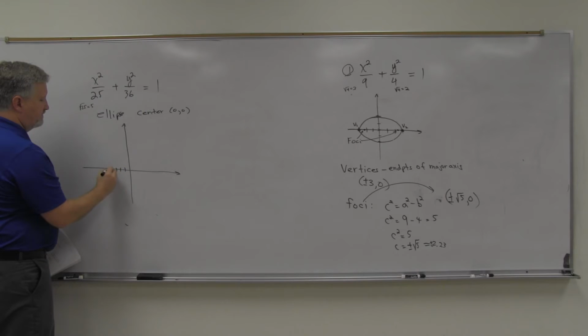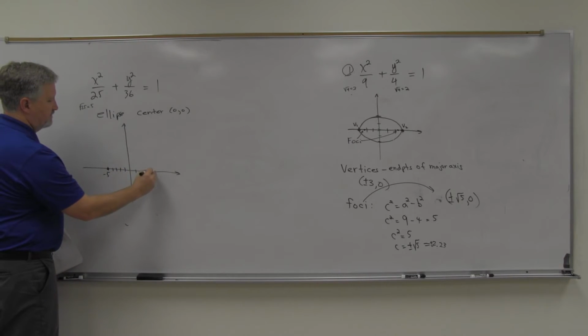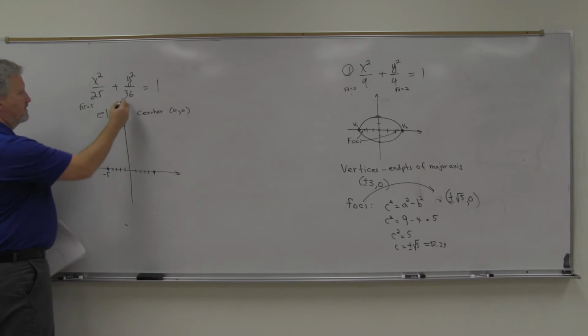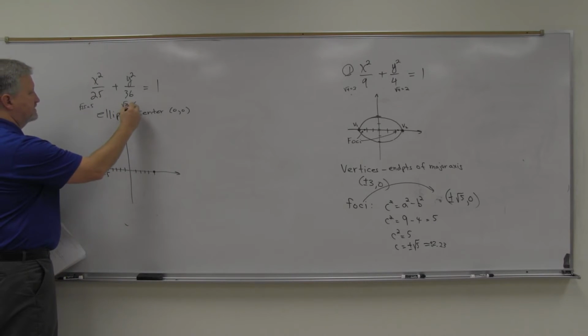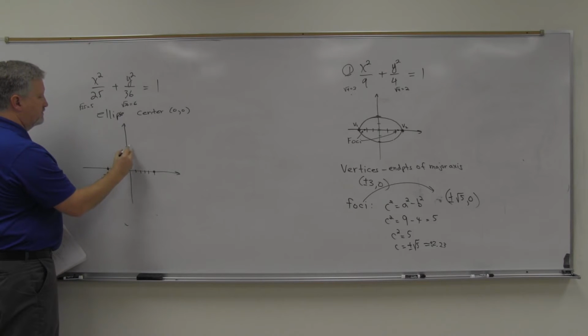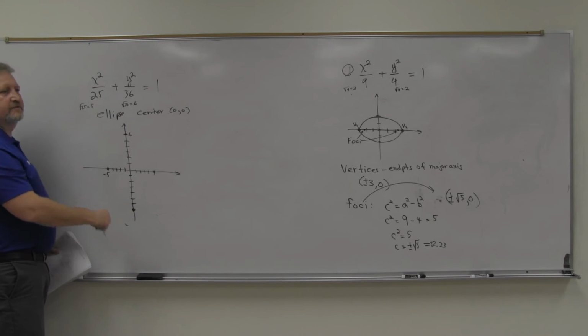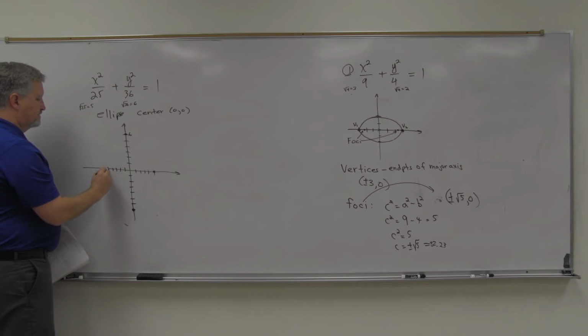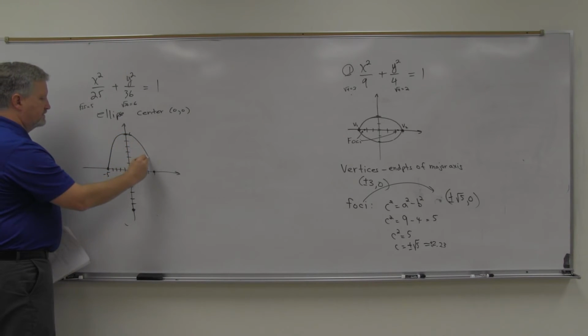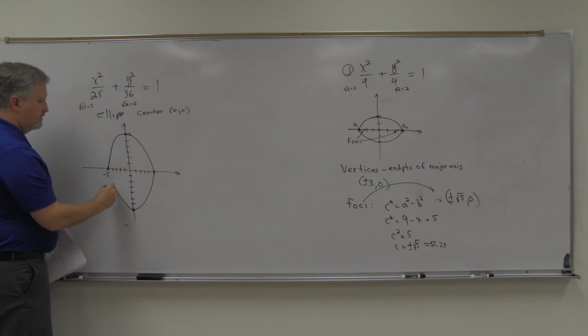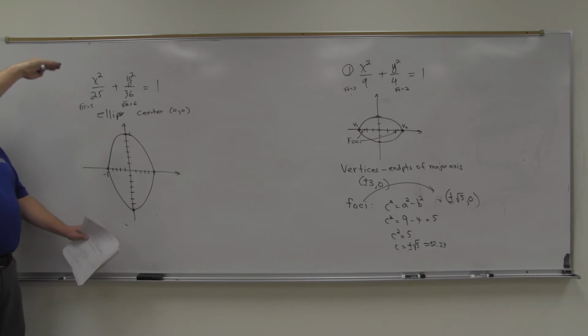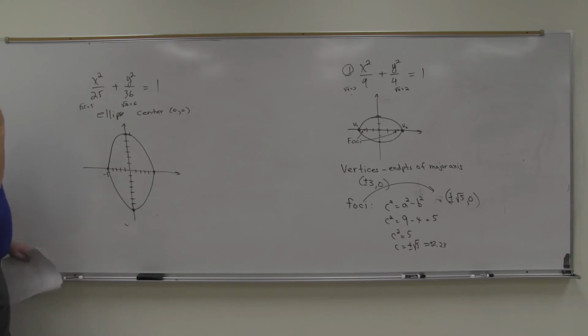So 1, 2, 3, 4, 5. Back, 1, 2, 3, 4, 5. Forward. And the y, square root of 36, so we go out 6. 1, 2, 3, 4, 5, 6, and then down 6. So this one's major axis is taller than it is wide, so we get the ellipse that's longer this way than it is wide.